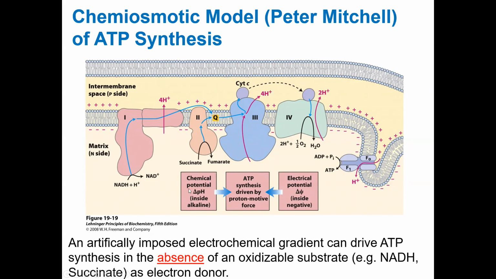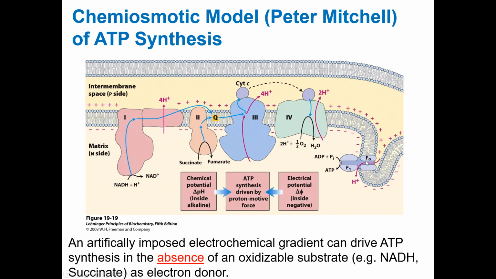So both chemical potential and electrical potential contribute together as the driving force for the ATP synthesis, right? And so that's what they are showing you. You can see here nicely, beautifully, they're showing you positive charges being built up in the intermembrane space on the P side. And then eventually those protons will funnel through F naught, as shown here in the middle right-hand side.